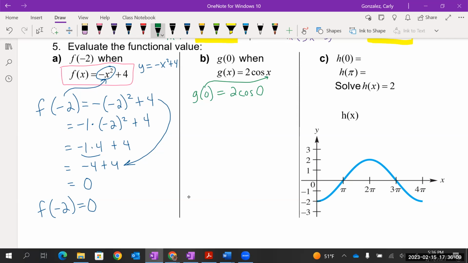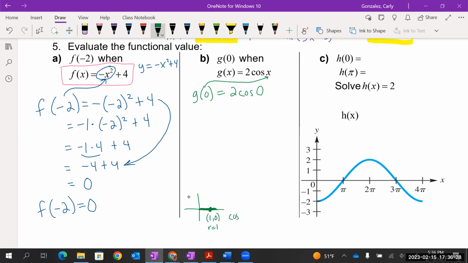So now we need to figure out what is cosine 0. Well, when my angle is 0, then what are the values there? I can pick an xy coordinate and say, okay, I could pick (1, 0), then r equals 1.